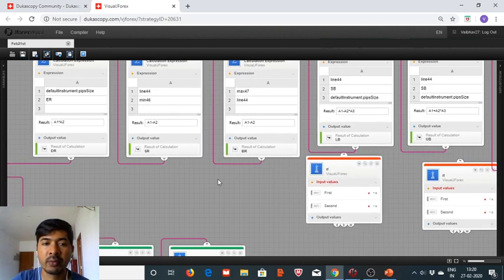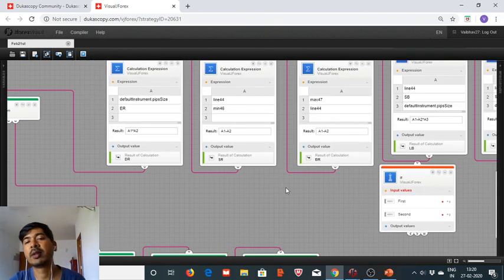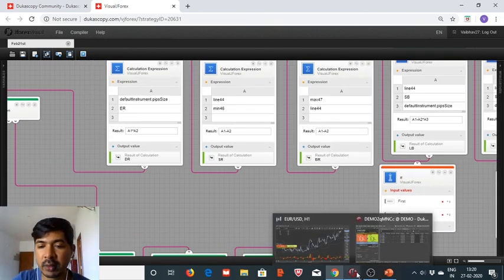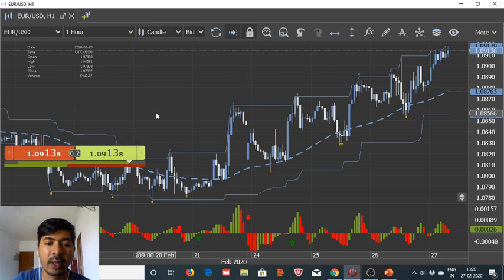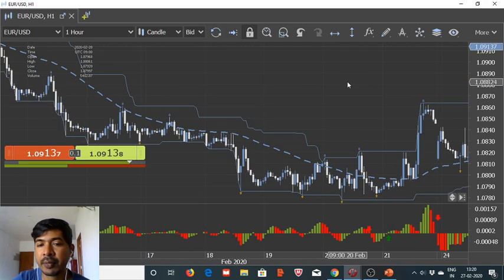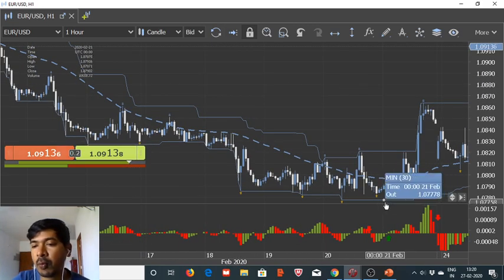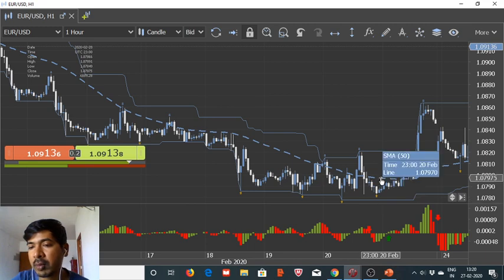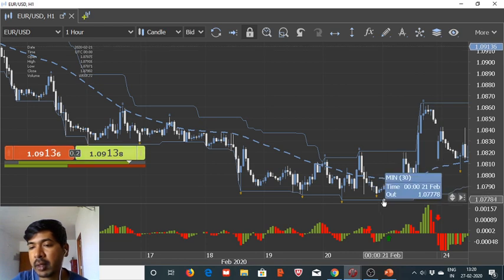That is, if we are going to go for a sell trade, then the sell trade should happen only when the minimum value is more than 30 pips away from the current SMA. So here the SMA is 1.079 and the minima is around 1.077. So the 30 pips requirement is not going to be fulfilled.